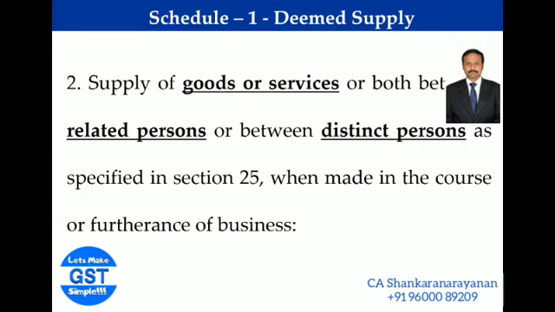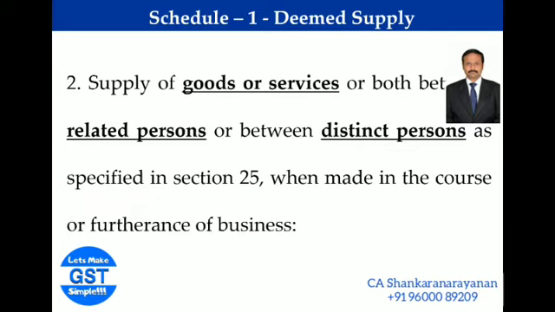So what does it make, or what does it end with? It means there is a supply between distinct person. Mumbai branch is rendering services to Chennai branch without any consideration. Sir, we don't charge anything. That is when it becomes deemed supply. No? If you charge anything, then it will not come under Schedule 1. So I don't charge anything. Then what happens? Then you become very well covered under Para 2 of Schedule 1.